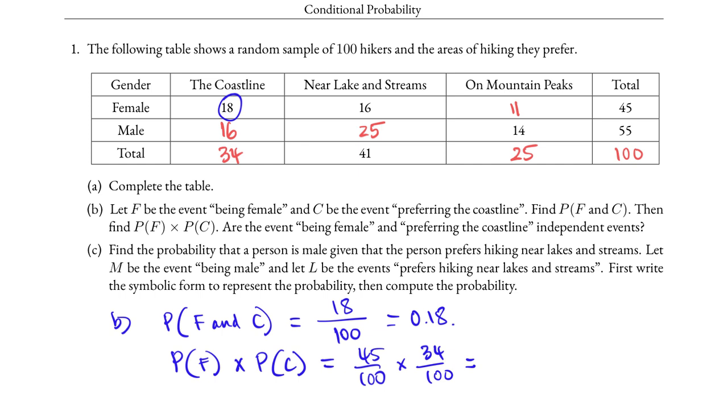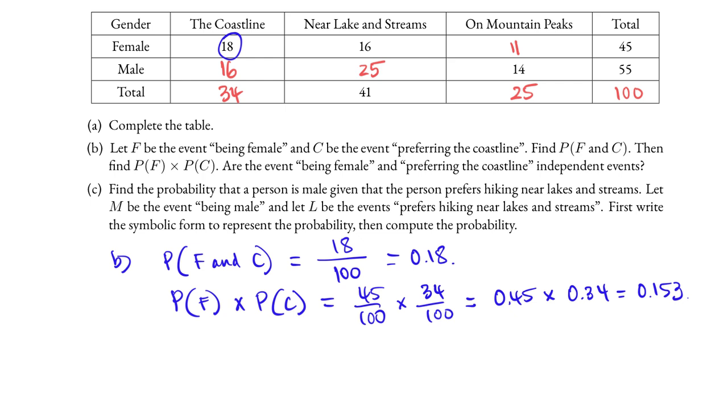And this is 0.45 times 0.34, which is equal to 0.153. Since the two probabilities are not the same, are not equal, we say that F and C are not independent. That is, being female and preferring the coastline are two events that are not independent.